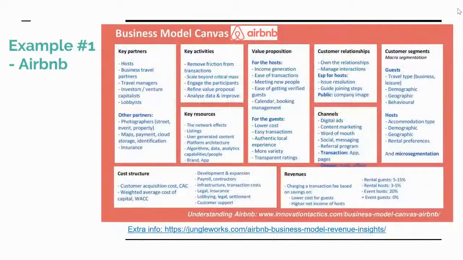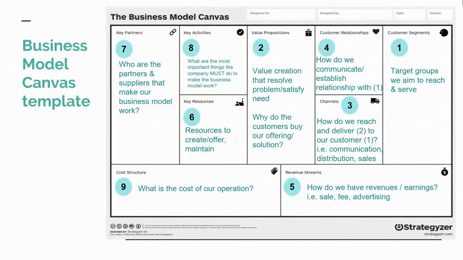So let's go into customer segment, which is the first one. This is very straightforward. Customer segment is obviously your customers, your target group. Who do you aim to reach out to? Who do you aim to serve this product or this service to? So when you think about this customer segment, remember what we learned on the persona map, thinking about who could be some of your potential customers.